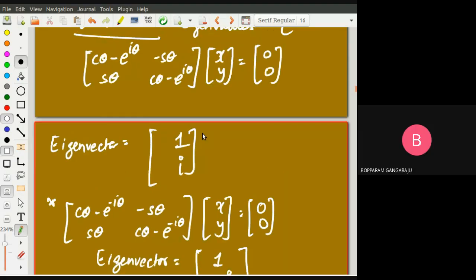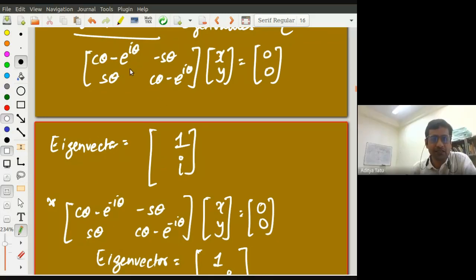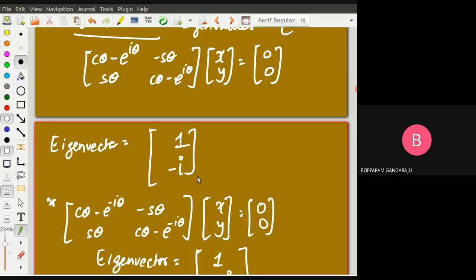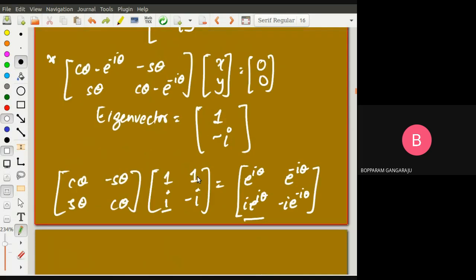They are just like reverse. So you're saying the eigenvector corresponding to e to the power i theta is 1 minus i. Yes, sir. In this last matrix equation, if you compute manually, then we're getting reversed columns.